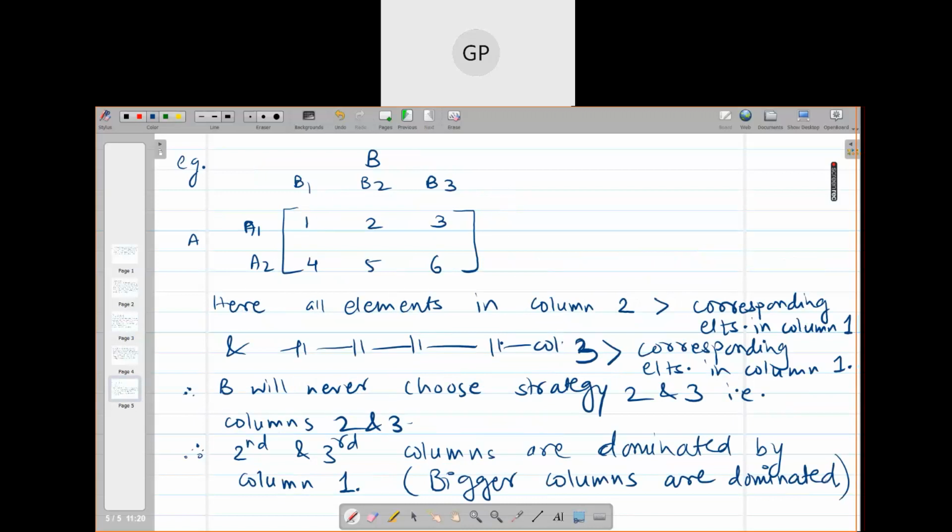Have you understood it, girls? Yes. So we will solve the same game using dominance principle.